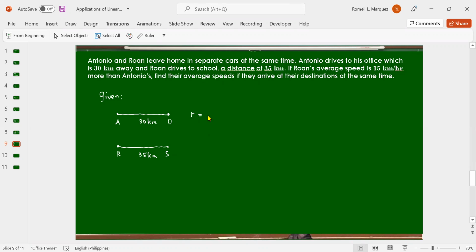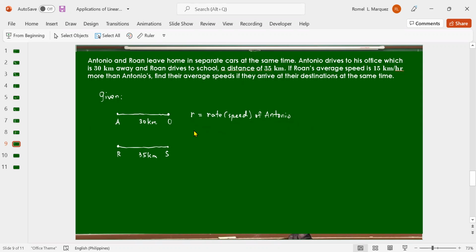Ang average speed ni Antonio, rate ni Antonio is, let's say, R, rate or speed of Antonio. Anong rate daw or speed ni Antonio, guys?